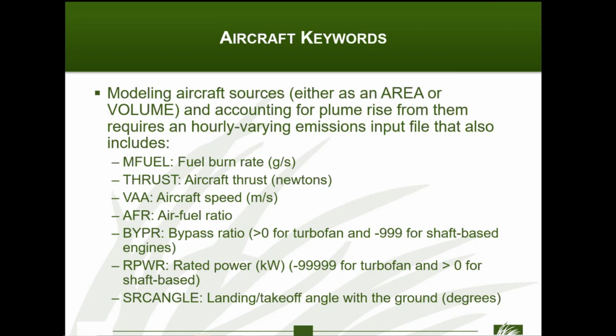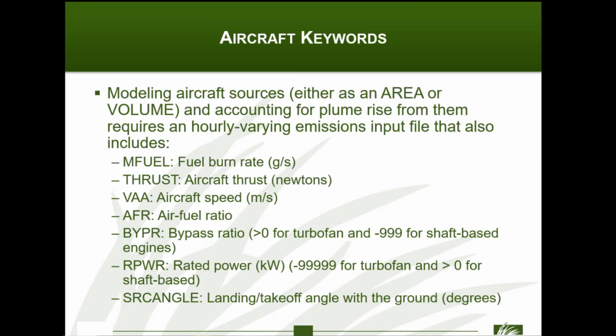BYPR is the bypass ratio, which is greater than 0 for a turbofan, like a jet engine, and it's minus 999 for a shaft-based engine, like a piston engine. And then there's RPWR, which is the rated power in kilowatts. For that one, it's a minus 99999 data flag for turbofans, but greater than 0 for shaft-based aircraft engines.